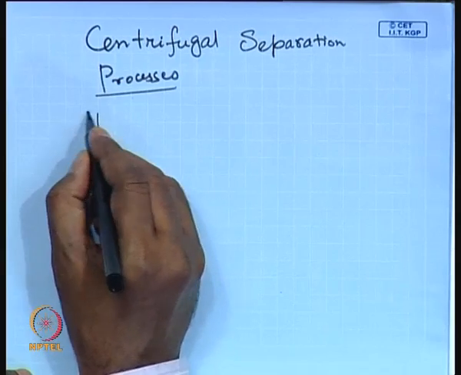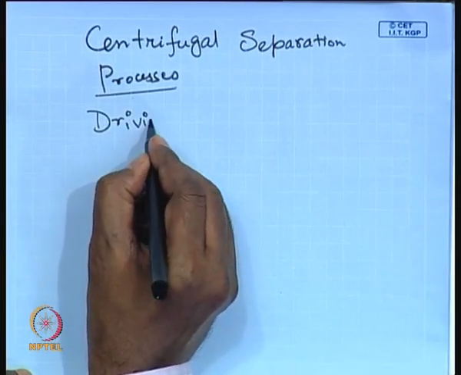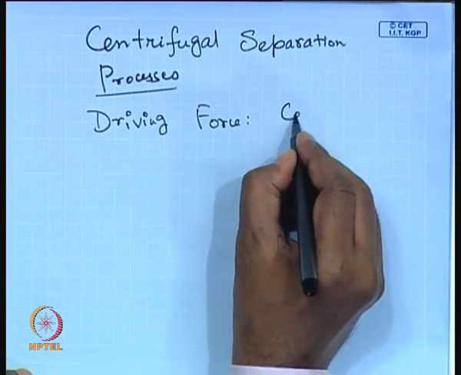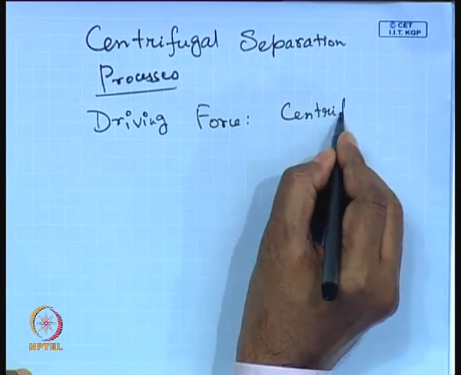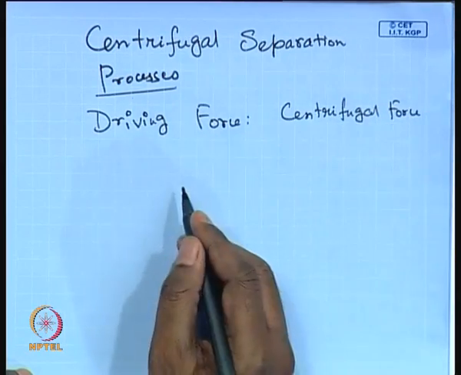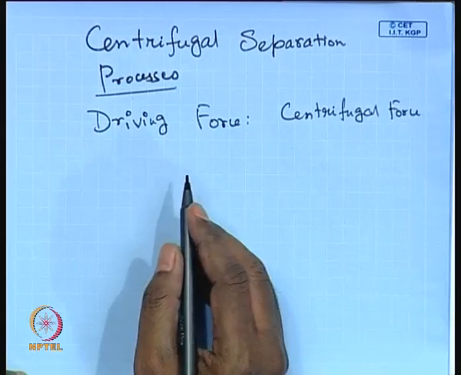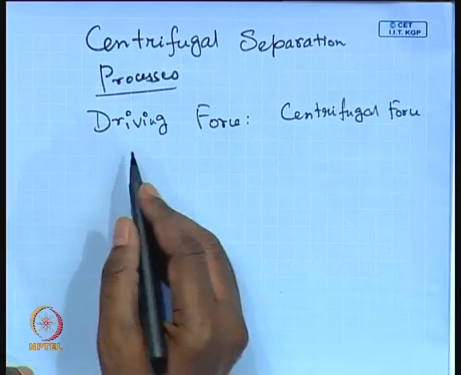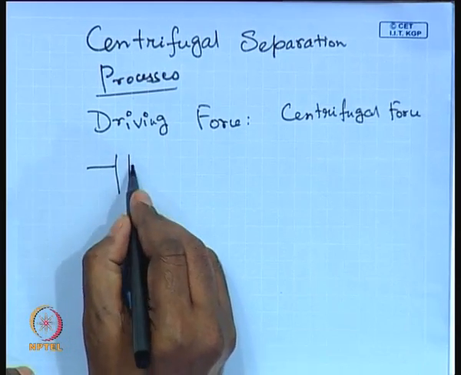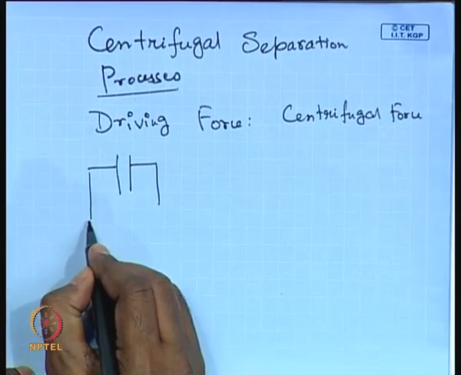So, in centrifugal separation processes, the main driving force is centrifugal force that induces separation, and it will be something like this. This process can be described by the schematic.